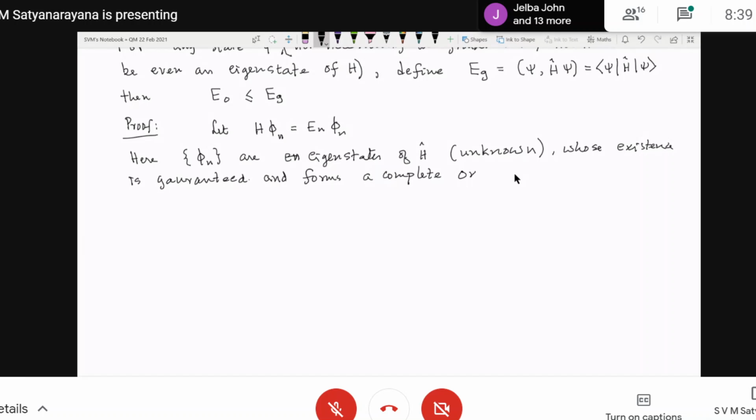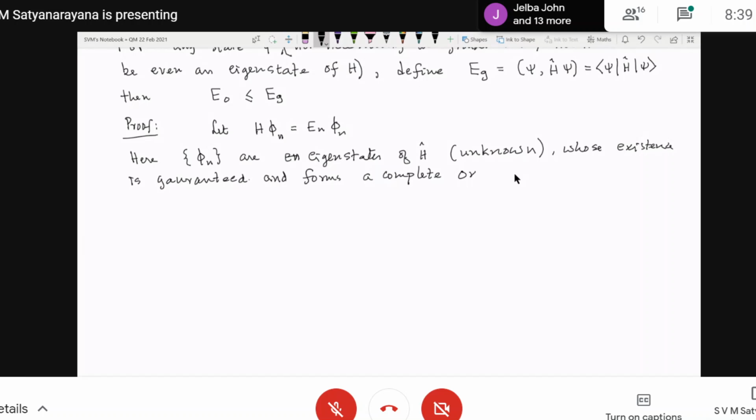But that is not equal to the left hand side, because the left hand side has all the Ens. If I put En equal to E0 in every term, we actually get a smaller value, because En is greater than E0. I am putting E0, so I will get a smaller number. Correct?